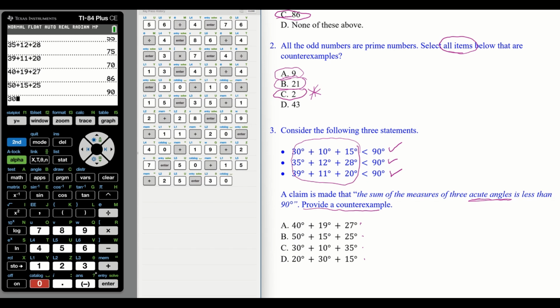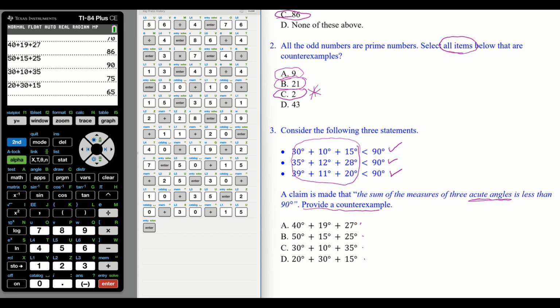Okay. 30 plus 10 plus 35 is 75. 20 plus 30 plus 15. Okay, so we have all four in there. You want to double check the numbers to see if you made a crazy mistake. And I'm a crazy lady, so I make crazy mistakes. Okay, there we go. All accounted for.